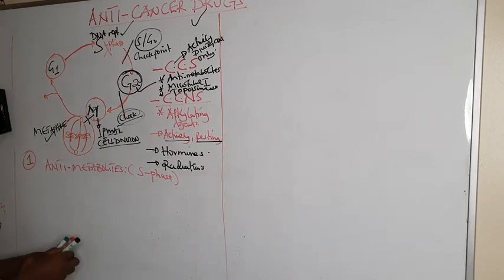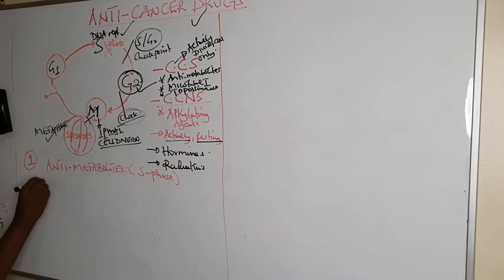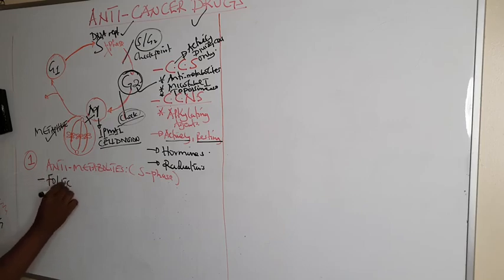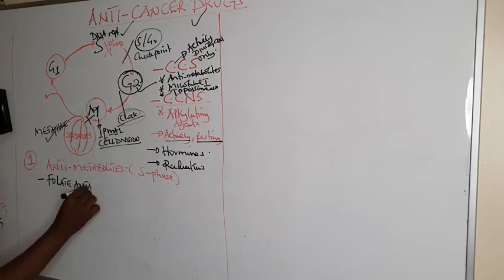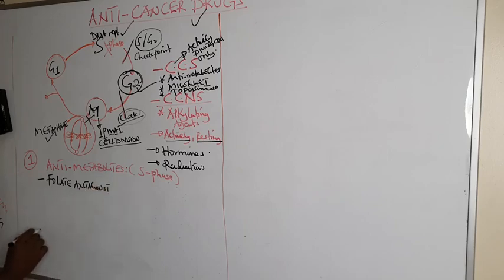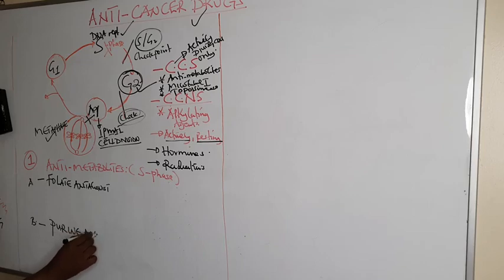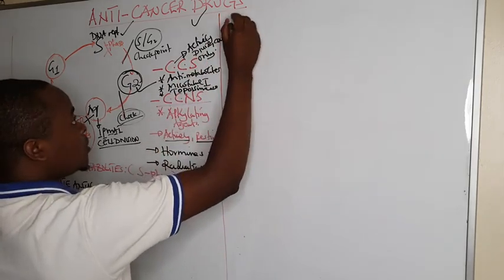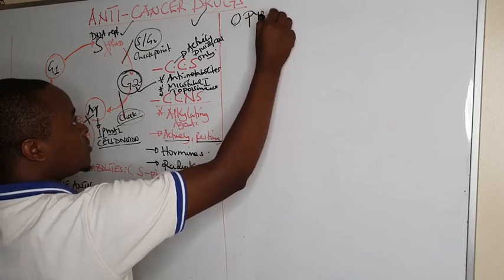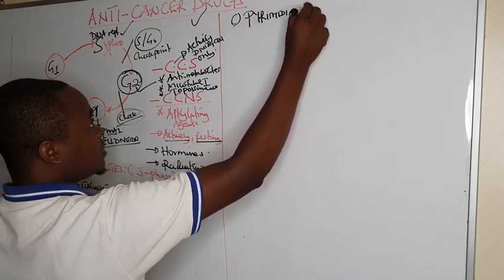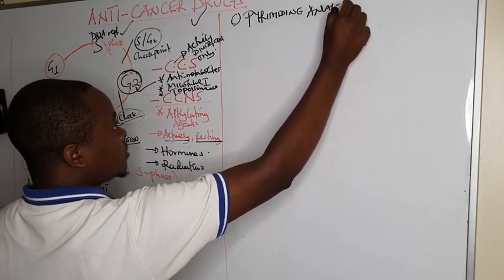And examples of these antimetabolites are divided into three: we have folate antagonists, purine analogs, and then we shall also look at pyrimidine analogs.